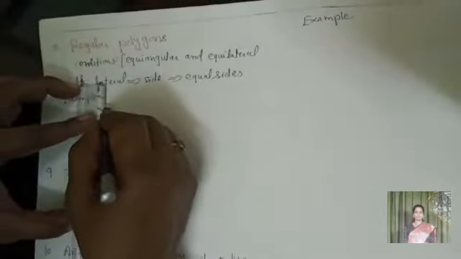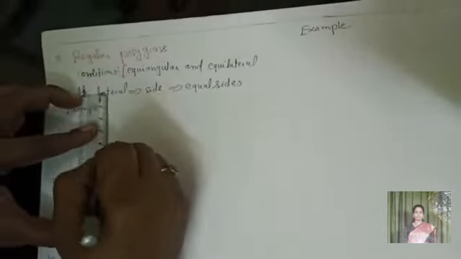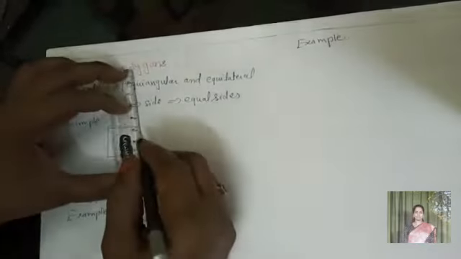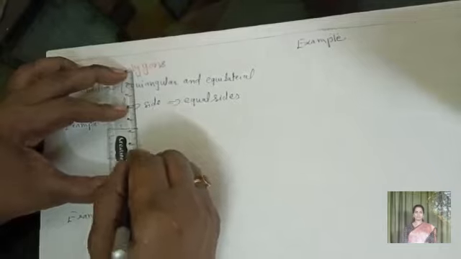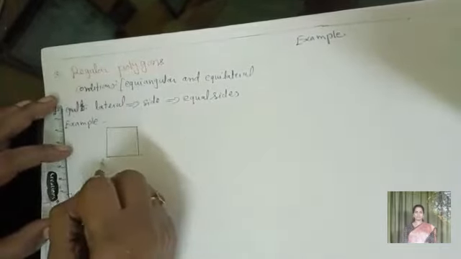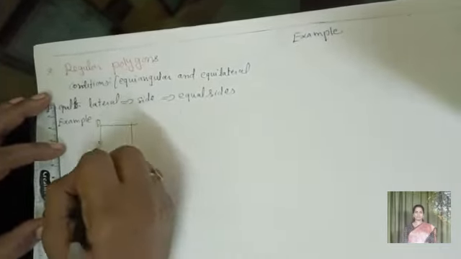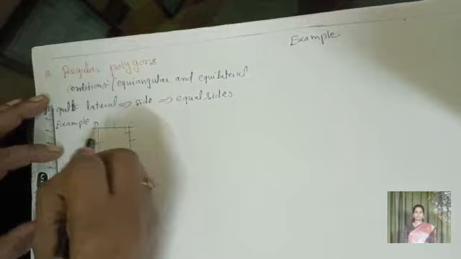Now we know the square. Square is an equal sided and equal angled, which means equiangular, polygon.